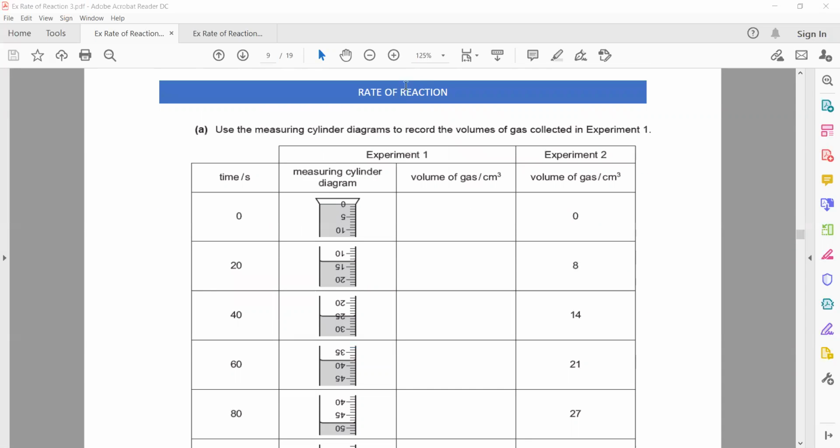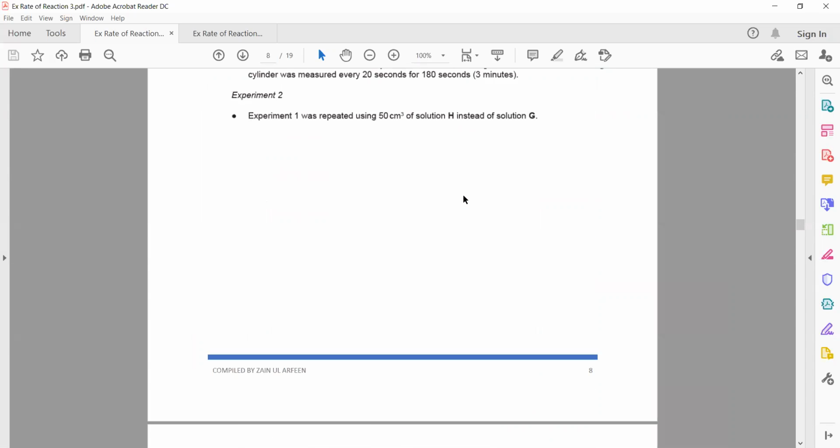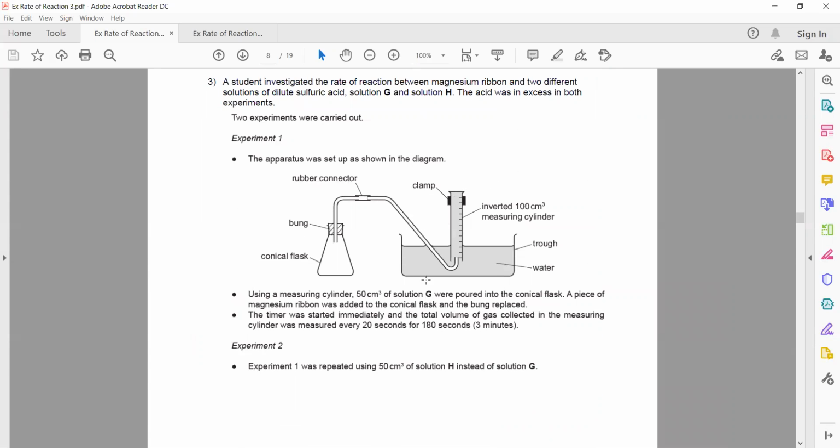So what you have to do is complete this here, because this is a measuring cylinder and it is inverted. If it's an inverted measuring cylinder, definitely the 10 will be here. When a measuring cylinder is placed normally, 10 is down, then 20 will be there, then 30 and so on till 100.